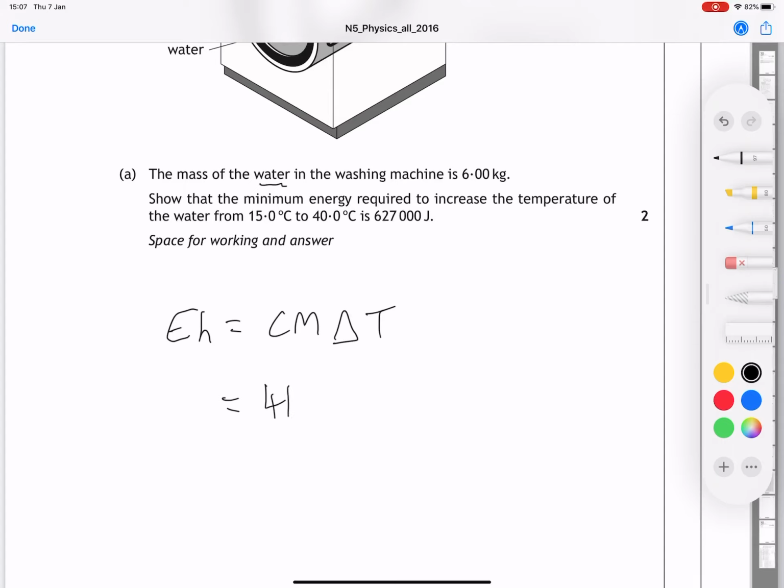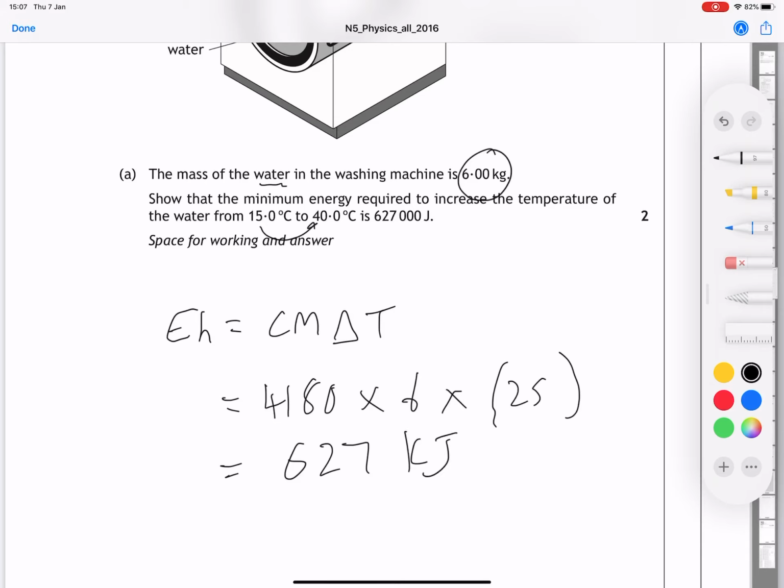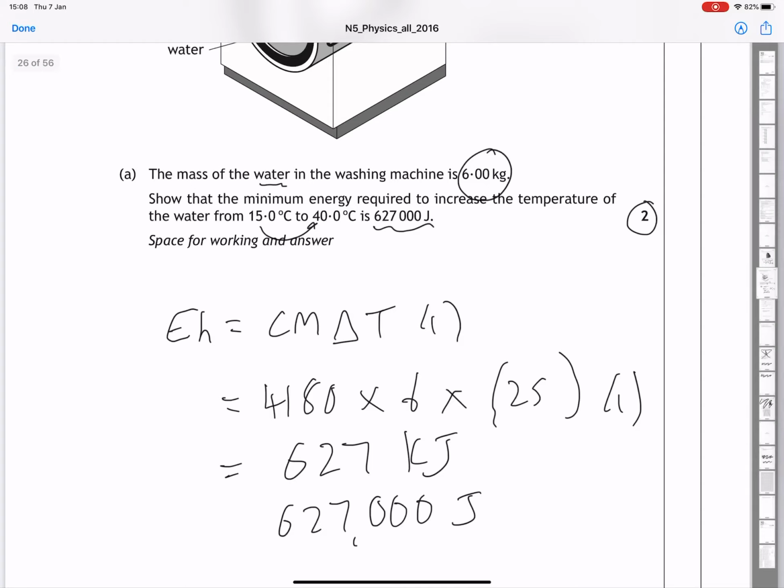So the specific heat capacity of water is 4,180 times the mass, which is 6 kilograms, times 15 up to 40, which is an increase of 25 degrees. 627 kilojoules, or 627,000 joules. 1 mark for the equation, 1 mark for plugging in your numbers, and because it's a show that question, it's only worth 2 because you've shown 627,000.